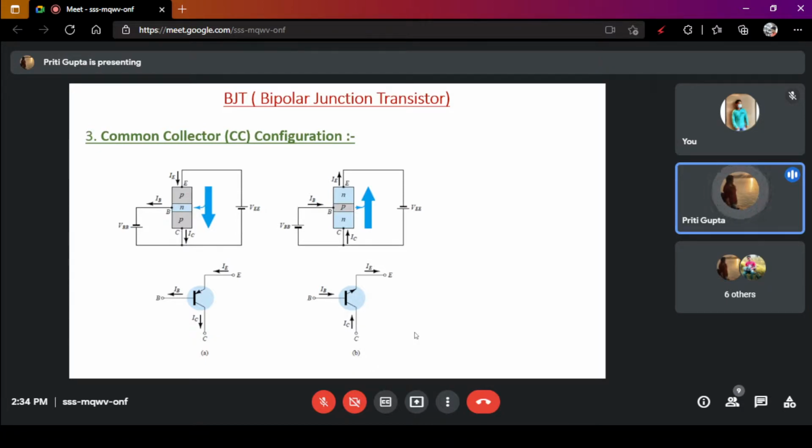Full stop and then write down, due to this reason, the gain of the circuit is less than 1.